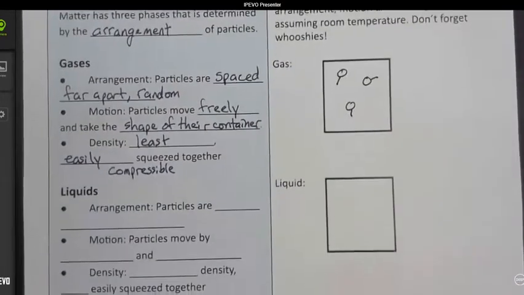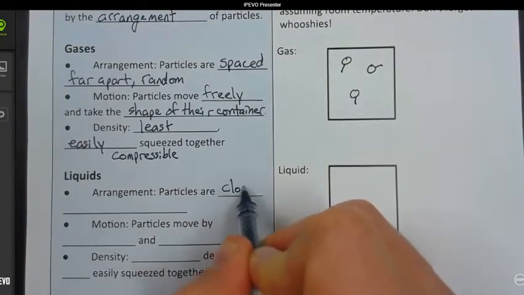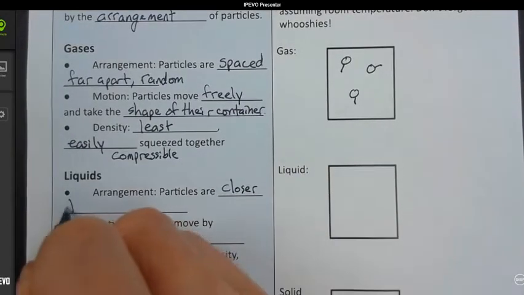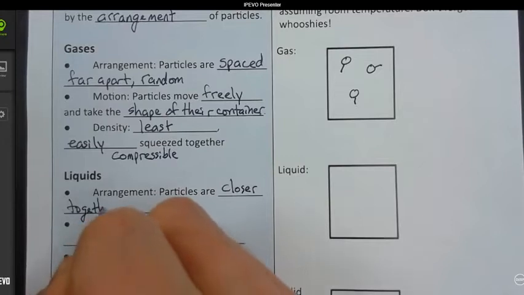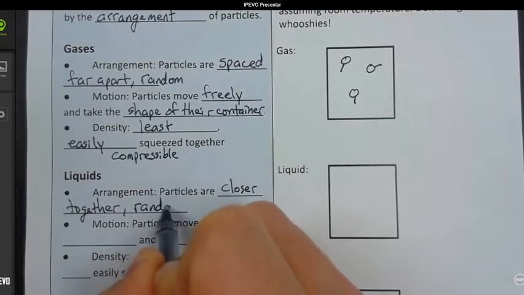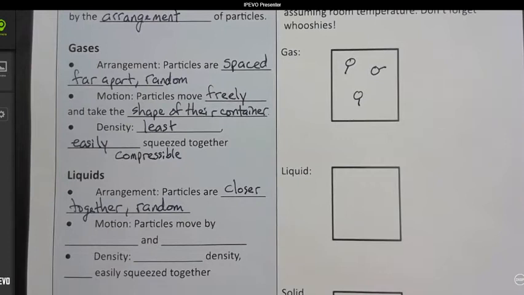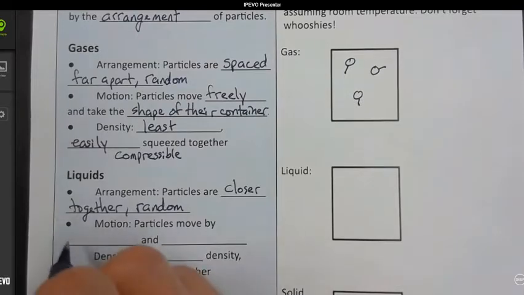Right? For liquids, the particles are closer together, but their pattern is still very random. Okay, because liquids are free flowing, so they don't stay in one particular fixed pattern. And there's two motions that liquid particles go through that keep them constantly moving about.